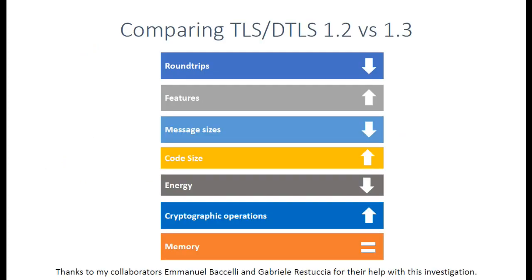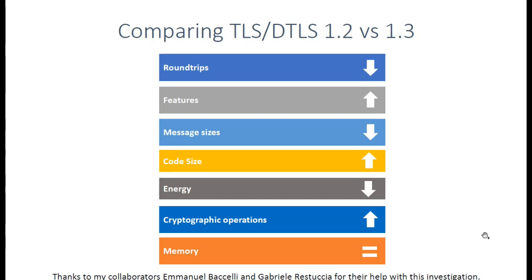When we compare the characteristics of TLS 1.2 and TLS 1.3, we can observe the following. TLS 1.3 reduced the number of round trips, as I'll explain later. But it also increased the number of features. It added a new key derivation function, which provides better security properties and made the formal analysis of the protocol easier.